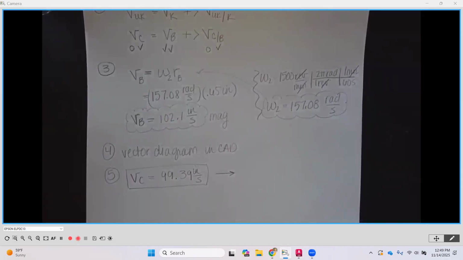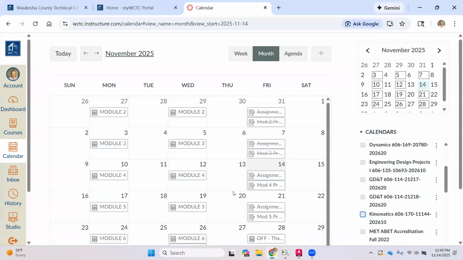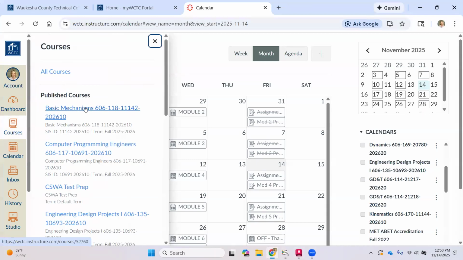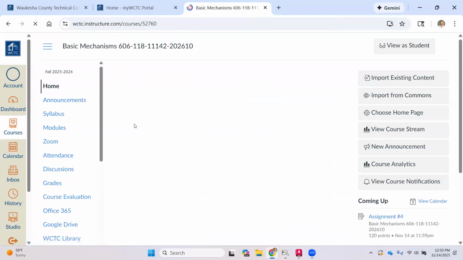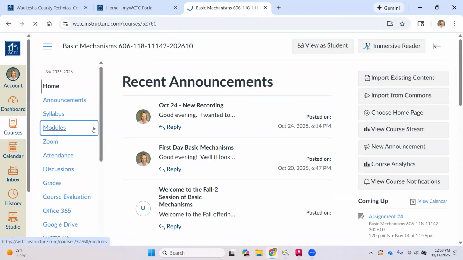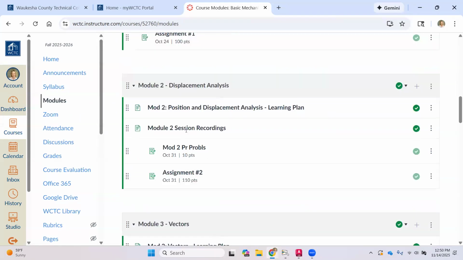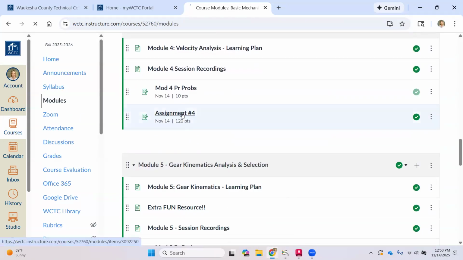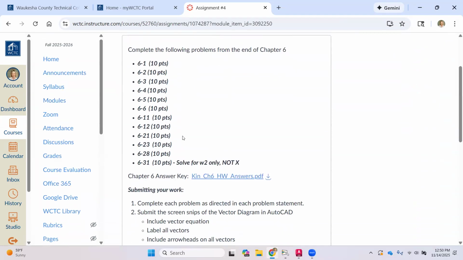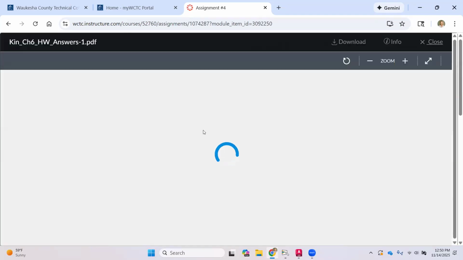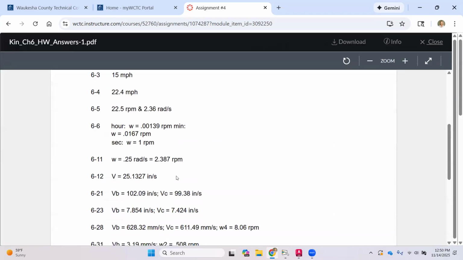Now, we do have the final answers in our assignment. So if I go back to our course and go to module 4, and I look at assignment number 4, and I look at our final answers, and this is problem 621.